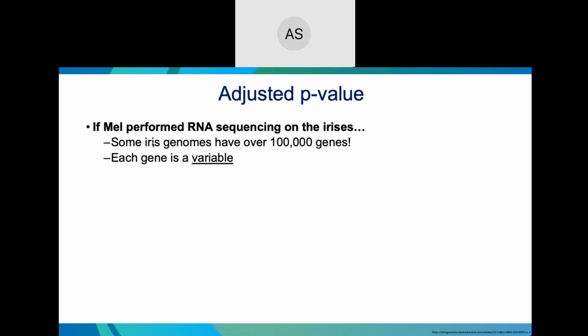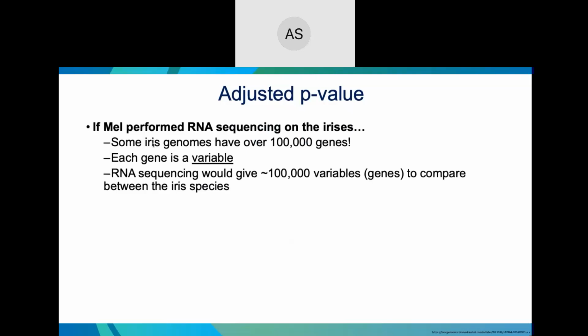And in this case, what Mel is doing is each gene is a variable. And so RNA sequencing would give about 100,000 variables to compare between the iris species. So in this case, the question that Mel was asking, the hypothesis that Mel was testing was, is there one gene that can explain the difference between the iris species?